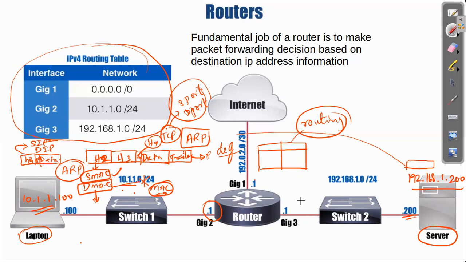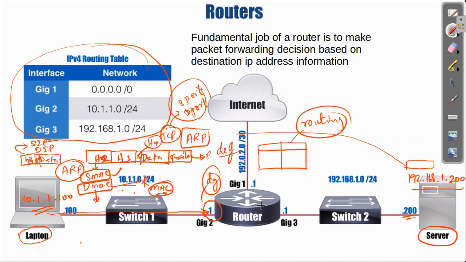Beyond that, it cannot send, right? So first of all, it has to find the MAC address of this default gateway. Why? Because the laptop can communicate within its network only. So it can reach up to this default gateway interface.